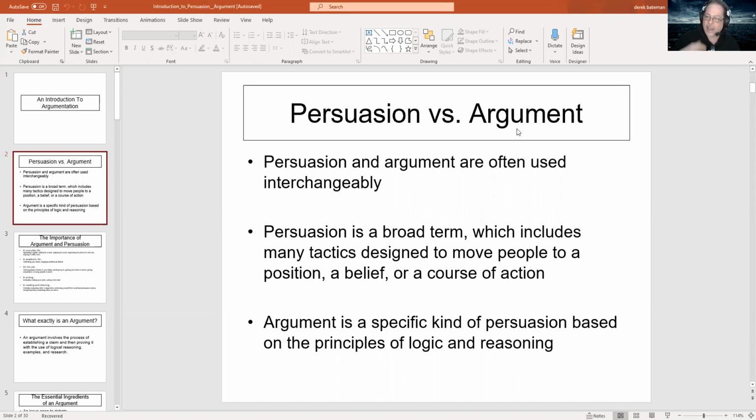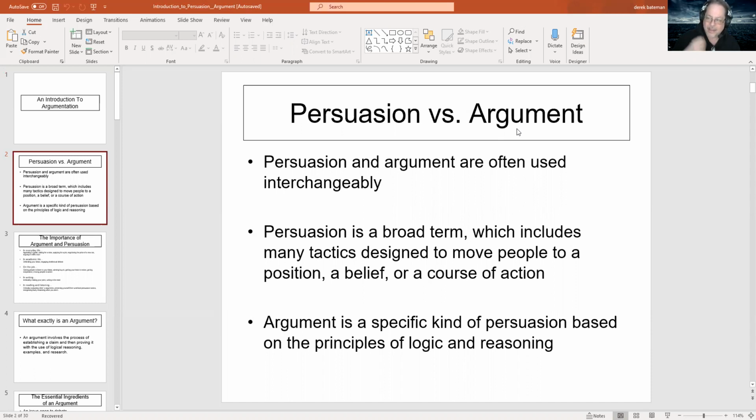Persuasion will often ignore anything that is disagreeable to what you're trying to persuade your audience to believe or how you're trying to persuade them to act. All right? It's not necessarily balanced. You are looking for a balanced, objective, rational, logical approach to making your argument.